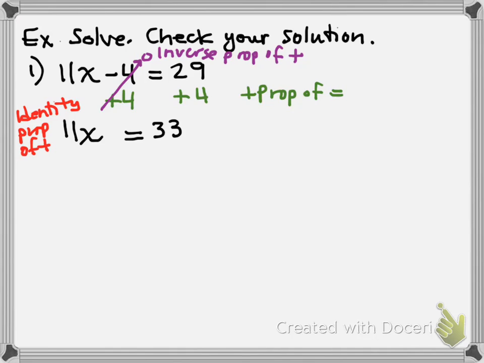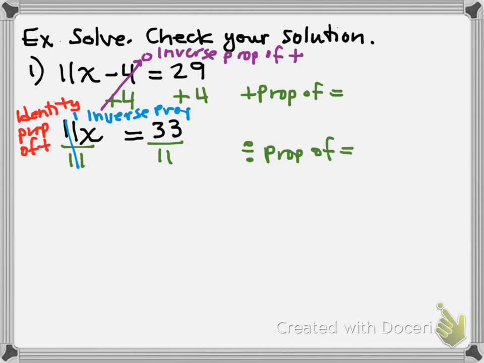So what am I going to do to get the x alone? The opposite of multiplying by 11 would be dividing by 11, which again would be the division property of equality. When I divide something by itself, I get 1. That's the inverse property of multiplication.